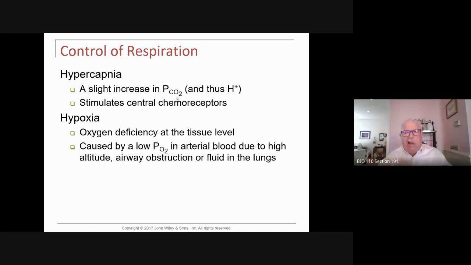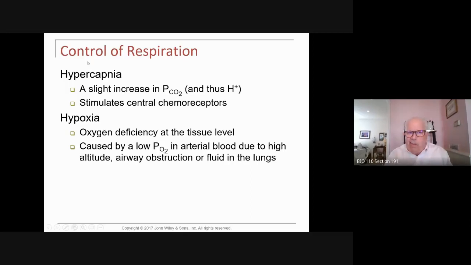As the partial pressure of carbon dioxide increases, it stimulates the peripheral receptors in your aortic arch and in your carotid artery to tell the brain, we better breathe. So you can only hold your breath between 2 and 3 minutes. After that, you'll breathe. You cannot kill yourself by holding your breath. It's impossible. Okay?